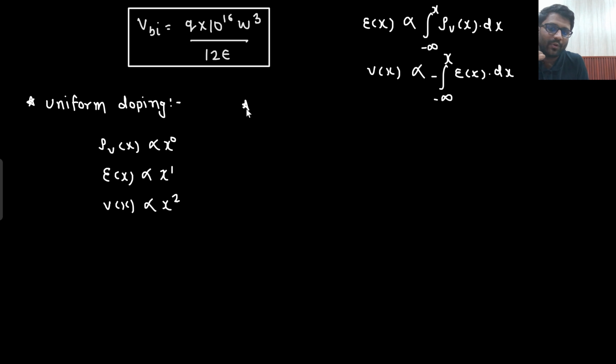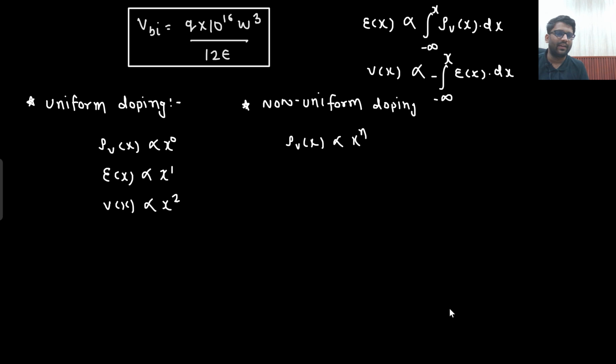But for non-uniform doping, your rho(x) could be a function of x to the power n. I don't care what the value of n is. It could be 1, it could be 2, but n cannot be 0. If n is 0, what does that mean? If n equals 0, that means it will be the case of uniform doping.